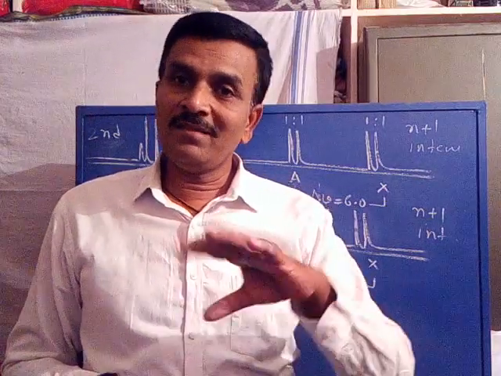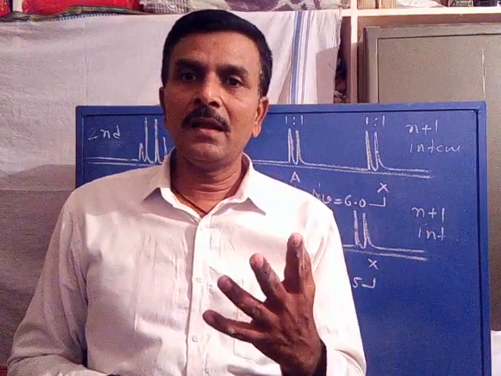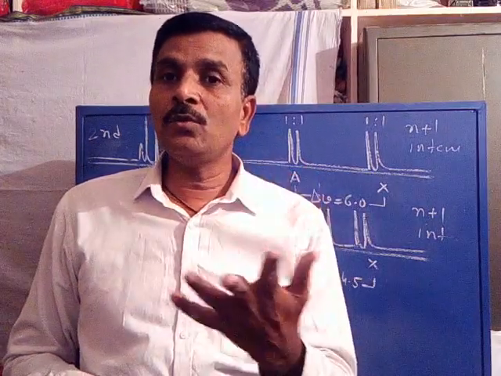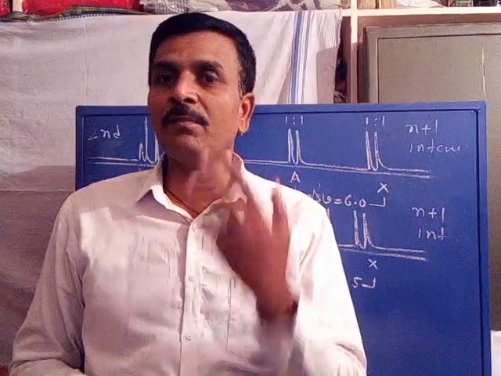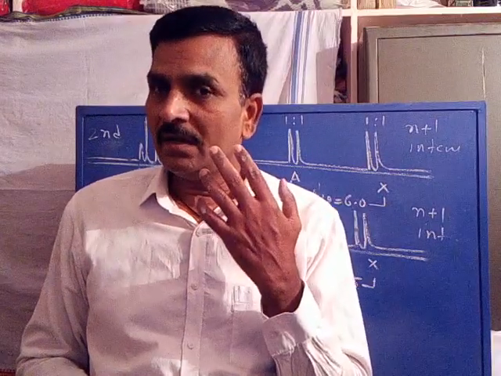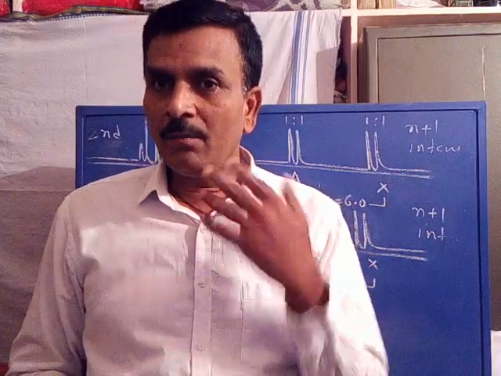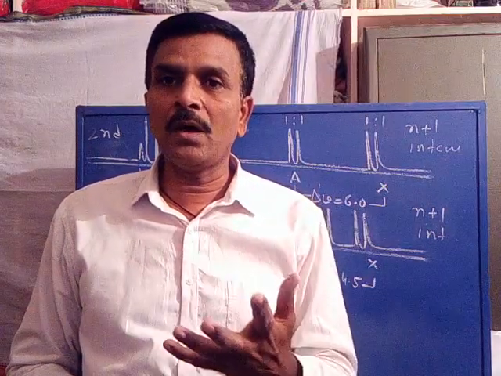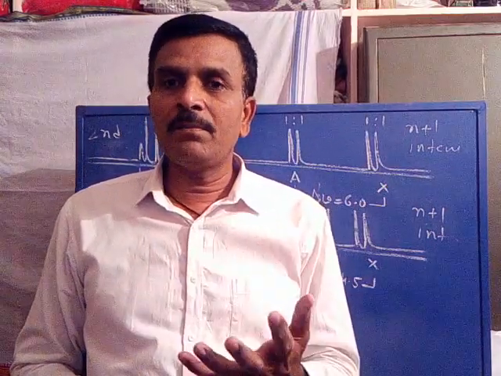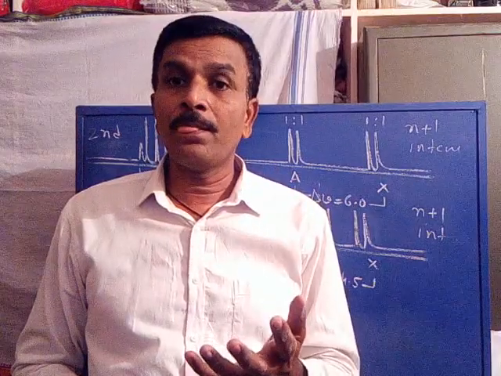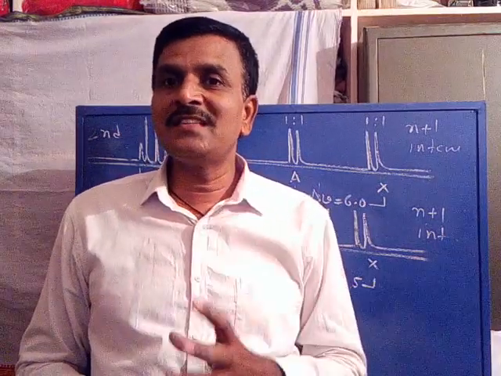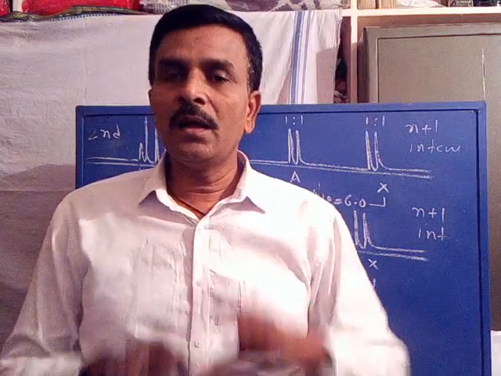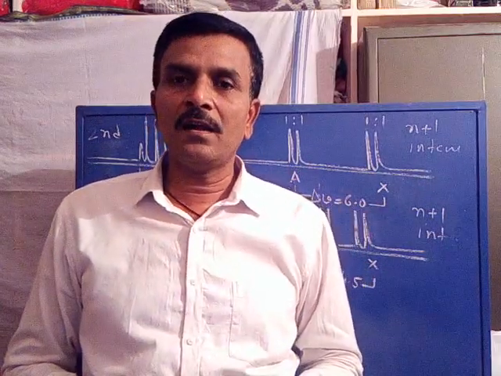However, the signals do appear according to the n+1 rule, but due to overlapping of some lines of the multiplet signals, we are unable to identify the exact number of lines for a proton with its multiplicity. Therefore, we should consider that the simple intensity and simple multiplicity rules are not applicable to the second order spectrum.